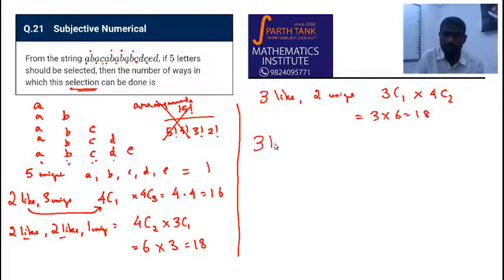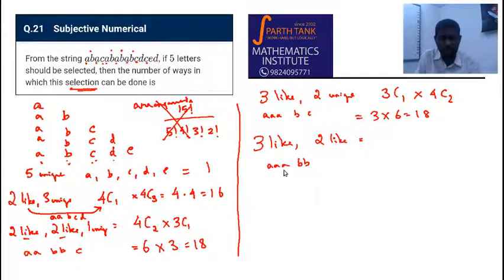Now instead of 3 like and 2 unique, I can take 3 like and 2 like terms also. Let me write some examples here for you to understand: A, B, C, D, E. Here I am looking at A, B, C, D. Here A, B, B and C. Here A, B, C. Here A, B, B, of this kind.